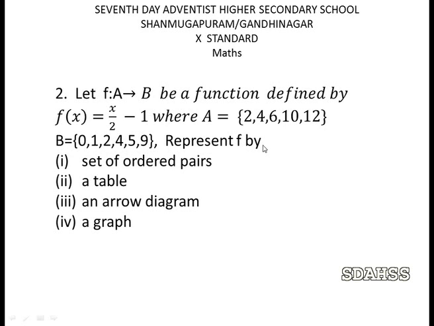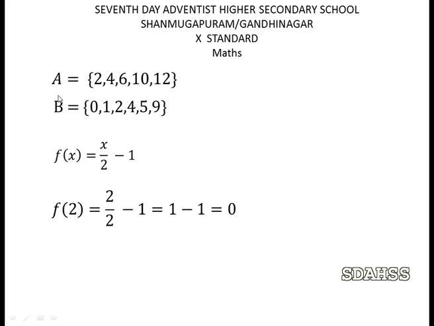Represent f by a set of ordered pairs, a table, an arrow diagram, a graph. Here the values of A and values of B are given, and the function is also given. First you have to find the values of the function for each value of A.